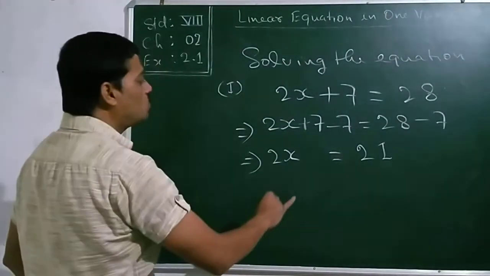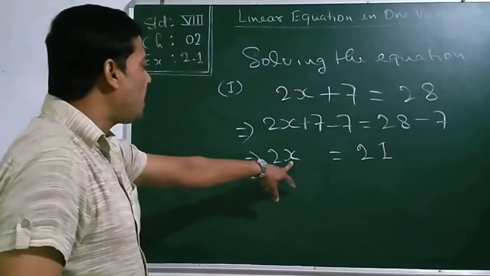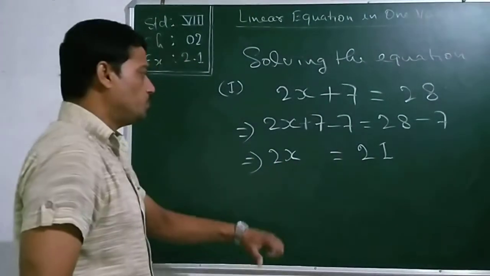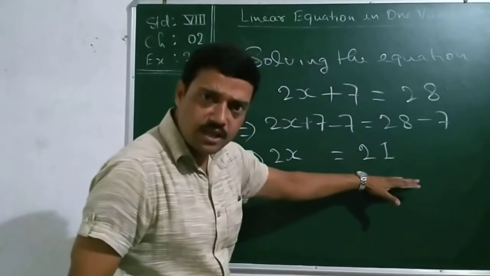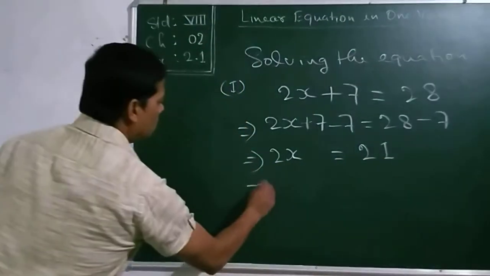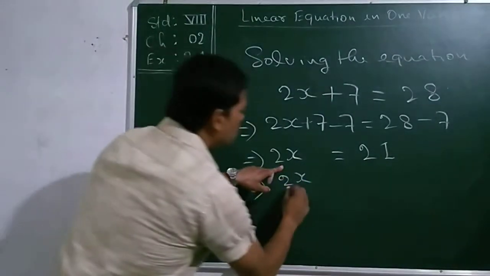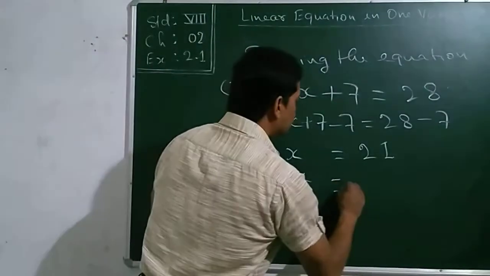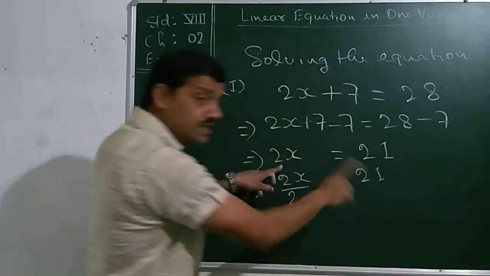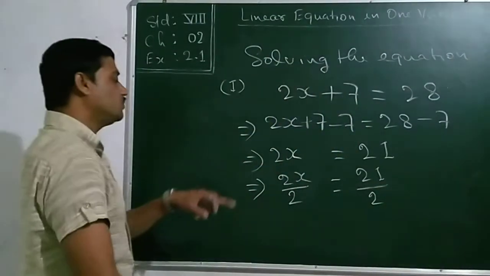So to find out the value of x, if you divide this term by 2, then 21 will also be divided by 2. To remove this 2, we need to divide the term by 2, and to balance the equation we have to divide 21 by 2.